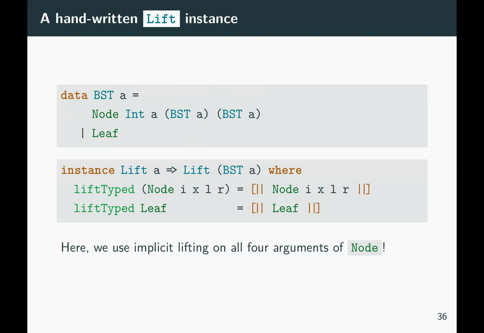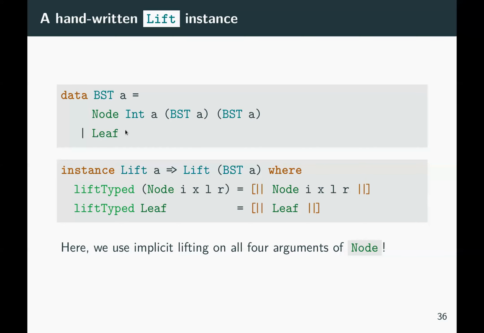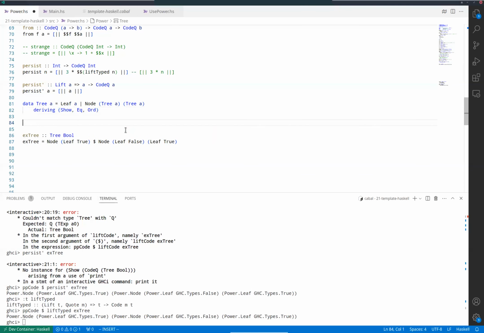Okay, and we could write one by hand. So if we didn't derive this here, we could write it by hand. Okay.